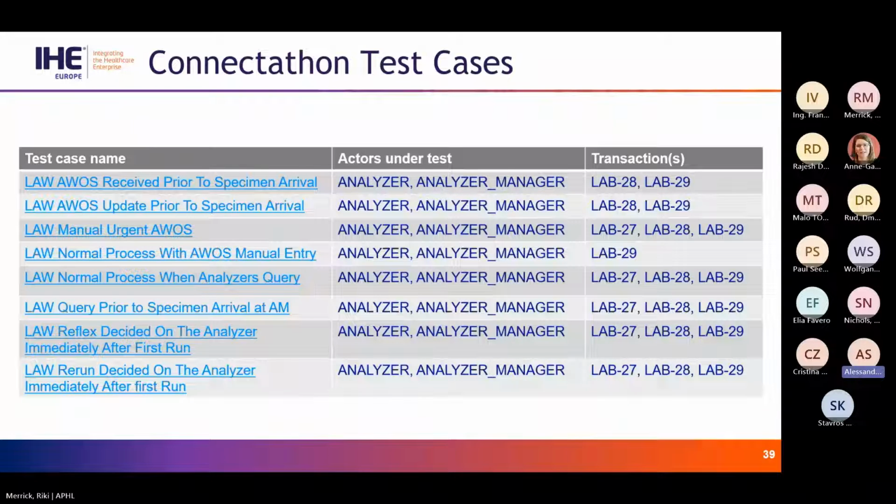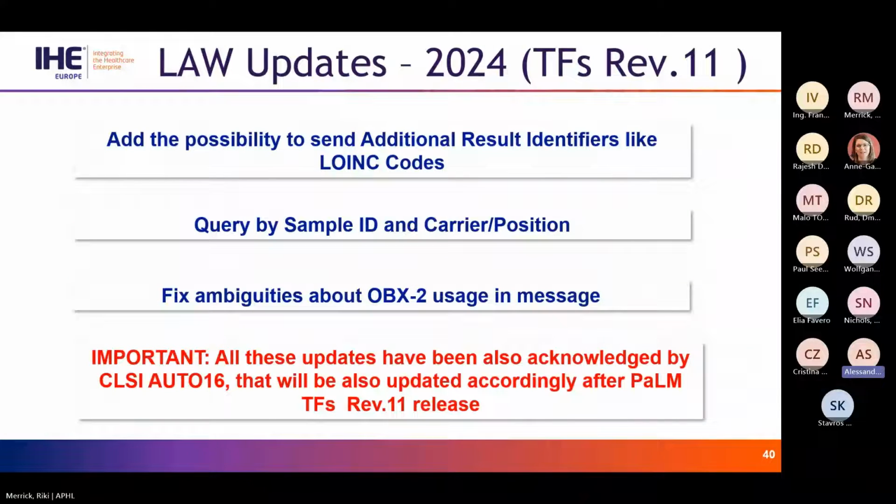As I said, there have been some important updates to these profiles that will be included in revision 11. The most important are the possibility to send additional result identifiers like link codes between the transactions, and also the possibility to make a query for the analytical work order step by both the sample identifier of the specimen and its carrier position in the rack.